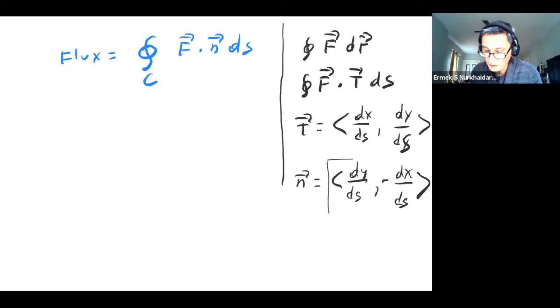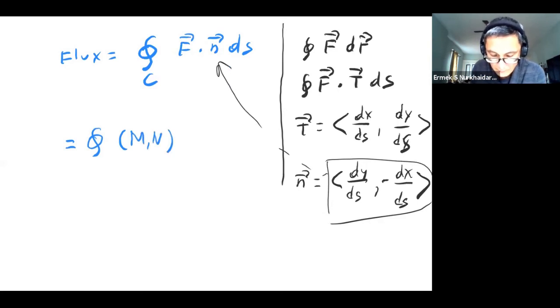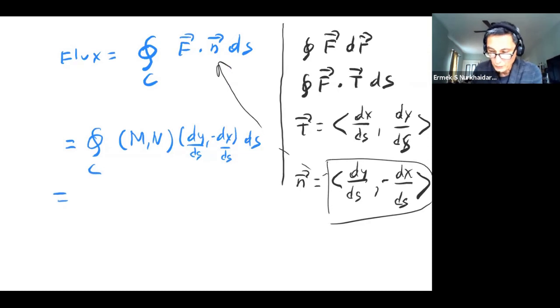And if you know what n is, we substitute it in here, we're going to get the integral of F, which is M and N, dot n, which is dy over ds and negative dx over ds. Simplified, ds will be cancelled out.